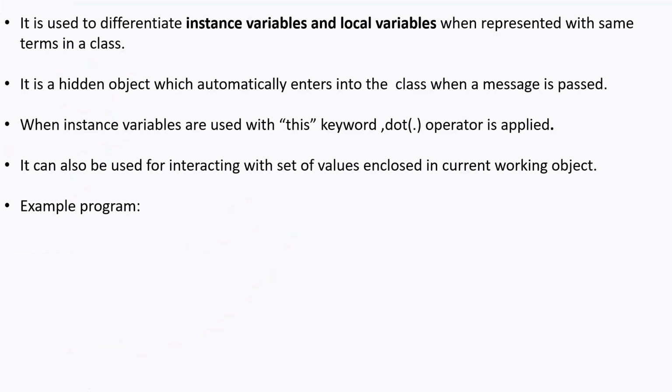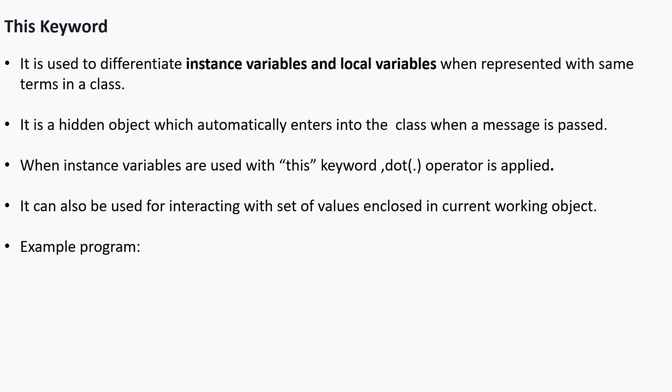Then afterwards, we have a very, very important topic, the concept called this keyword. So now we are going to discuss the topic this keyword. It is used to differentiate the instance variables and local variables when they are represented with the same name in the class. I'll explain this sentence with an example program.